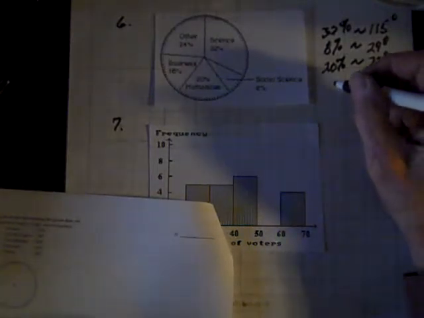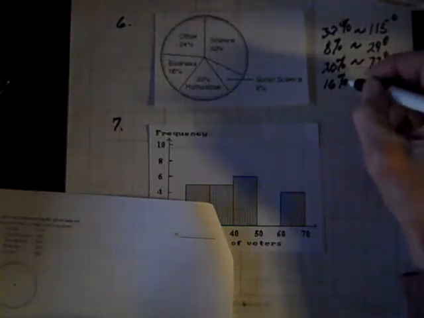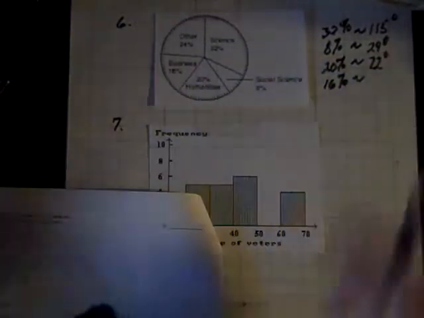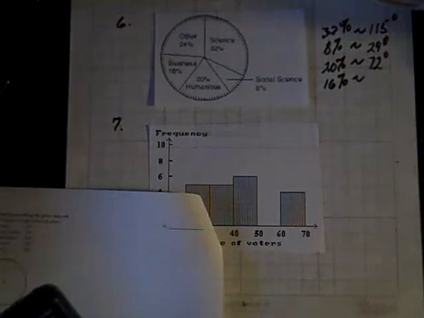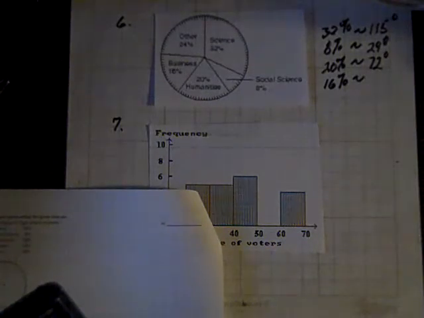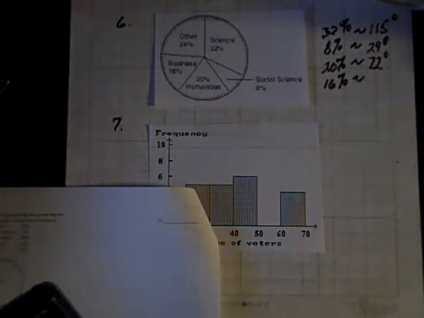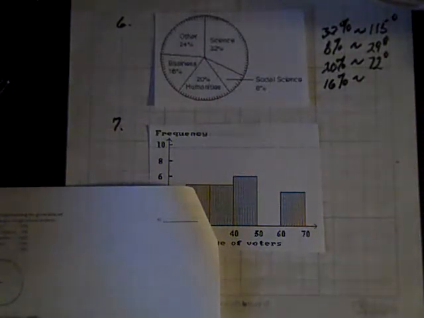And 16% of 360 degrees is going to correspond to, let's see, 0.16 times 360, and we get 57.6 degrees. Well, I'm going to round that up and say about 58 degrees.